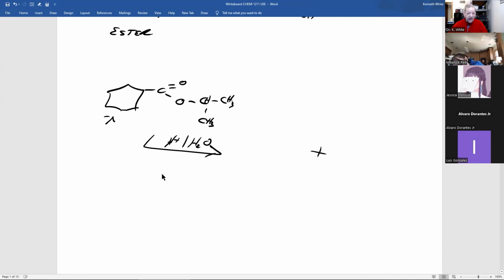By the way, this is a cyclohexane ring, not a benzene ring. I could have done a benzene ring, but I thought this would be more fun. So, what would be the products when you react that with acid and water?